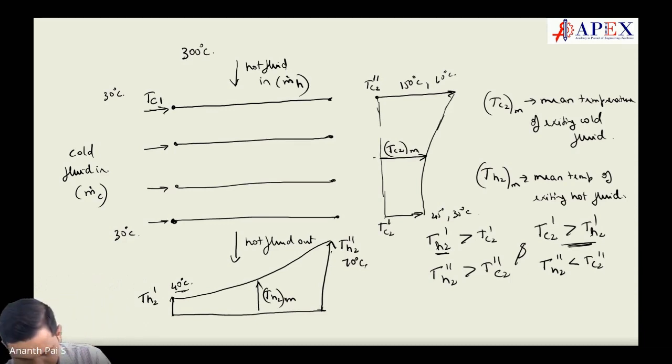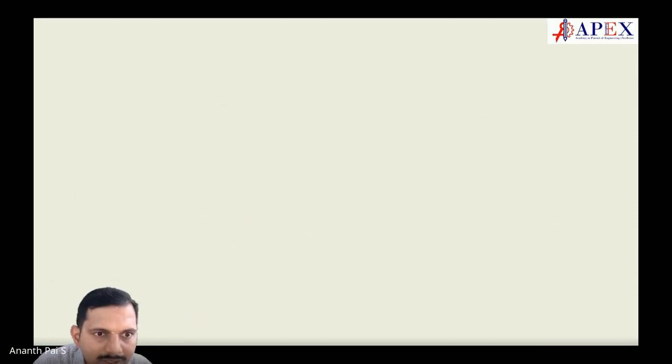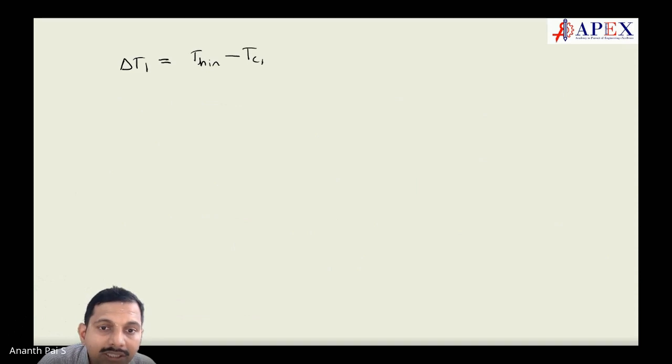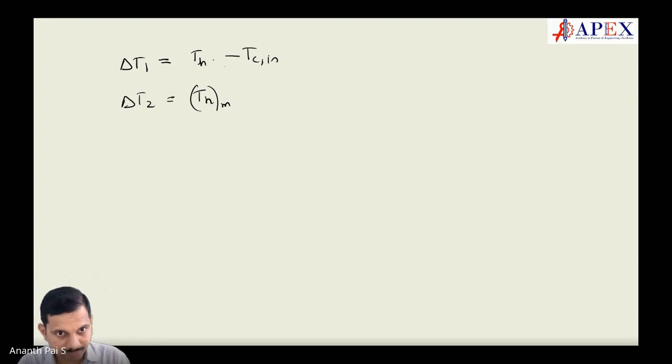Okay children? Now next. So what happens is here delta T1 is given as TH in minus TC in, and delta T2 is given as TH1 minus TC1, and this is TH2 mean minus TC2 mean.